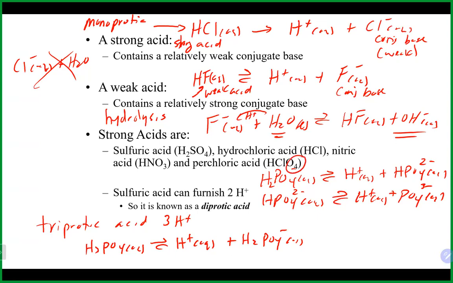It's going to be much harder. It gets even harder as you get down to here. So in the case of something like phosphoric acid, pretty much all the hydrogen comes off in the first step. The other ones, it's like a super small amount of it keeps coming off. Most of it will come off in that first hydrogen. Any questions on that there?